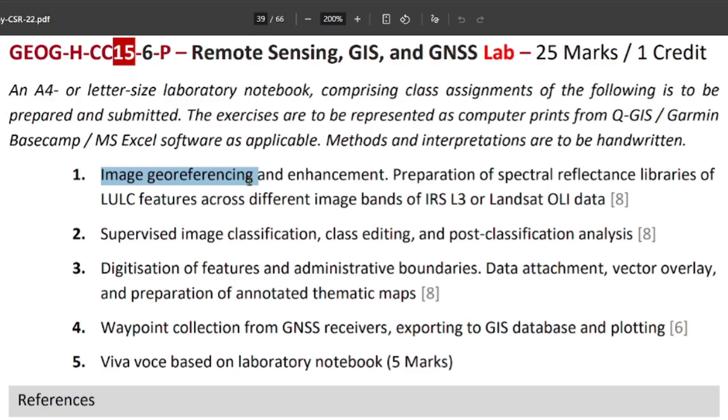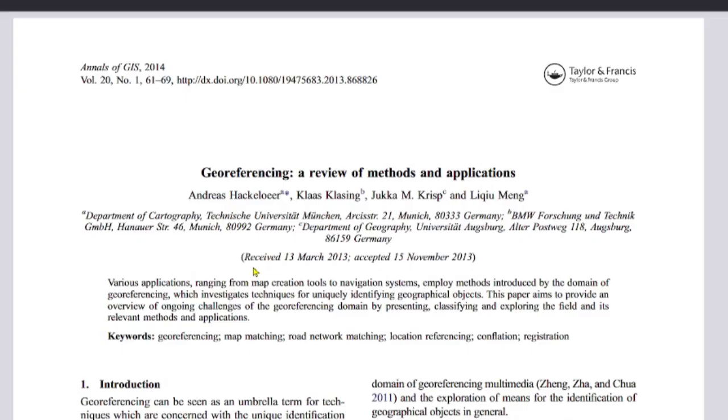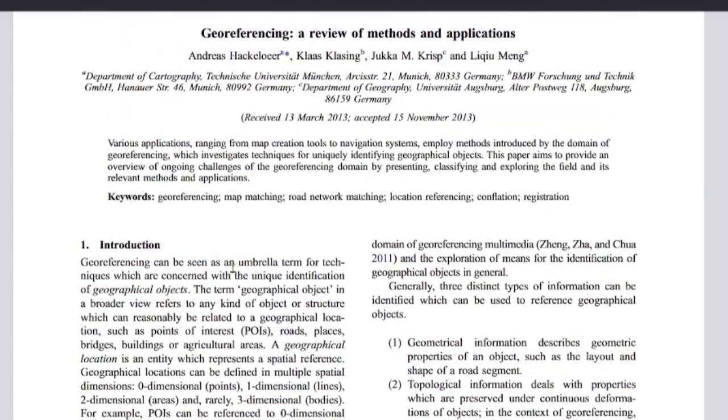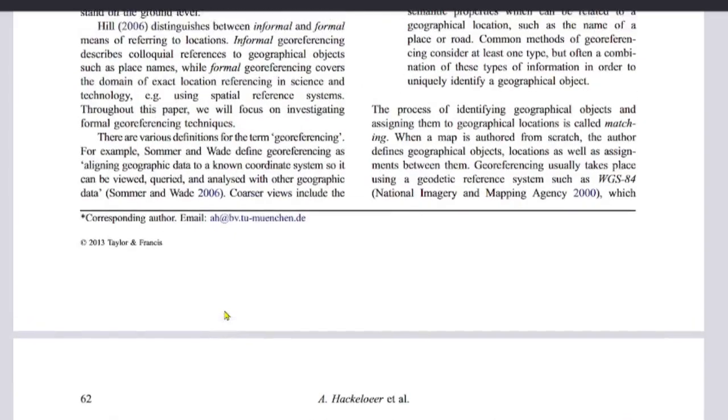Let's discuss in detail. In this research paper, the authors said georeferencing can be seen as an umbrella term for techniques which are concerned with the unique identification of geographical objects.